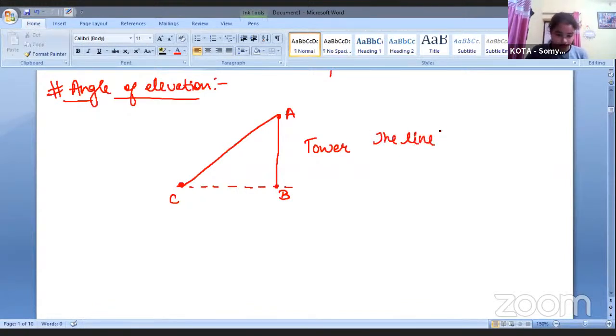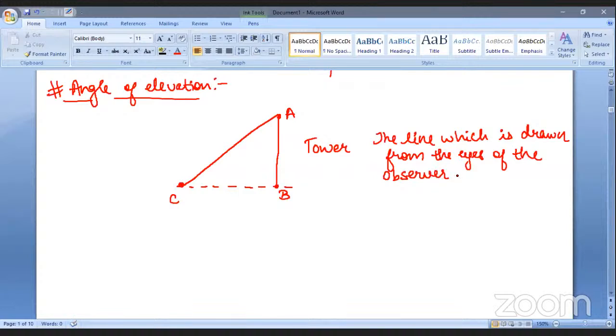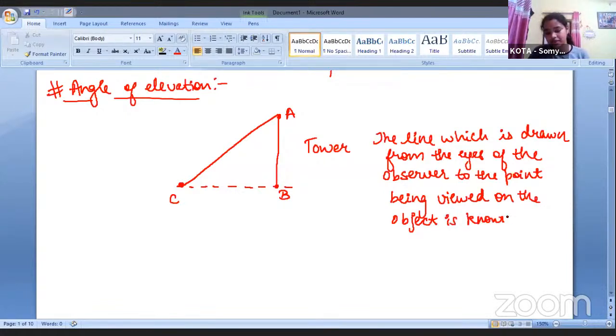The line which is drawn from the eyes of the observer to the point being viewed on the object is known as the line of sight. Who is the observer here in this example? Krishna, right. This is a very important thing: it is not saying just the object, it is the point being viewed on the object.